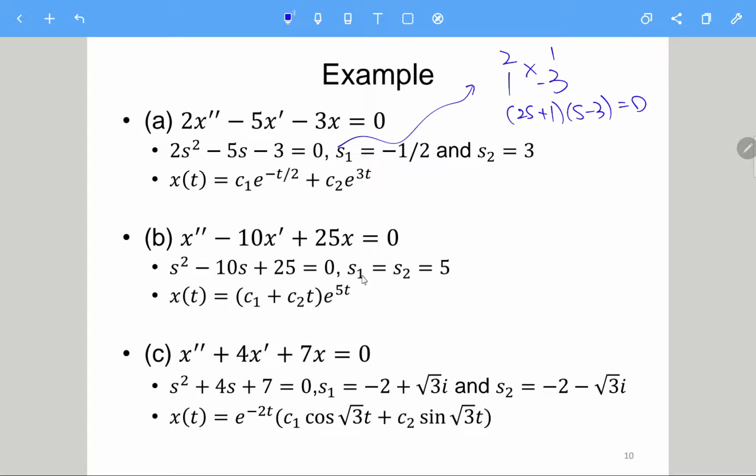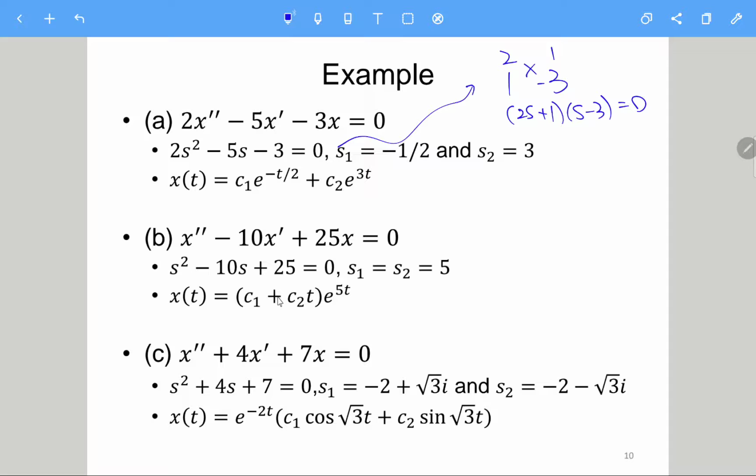So we have s1, s2 to be 5. So in this case, we have exponential to 5t for this term, and of course, this is a repeated real root. So we have C1 plus C2t.